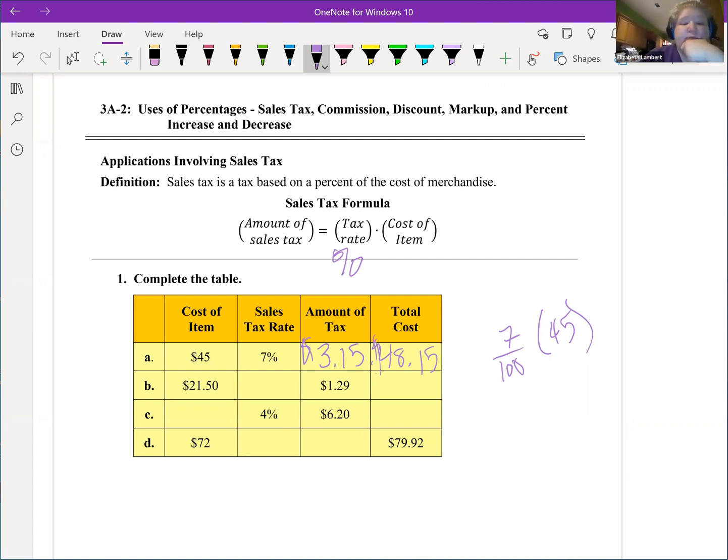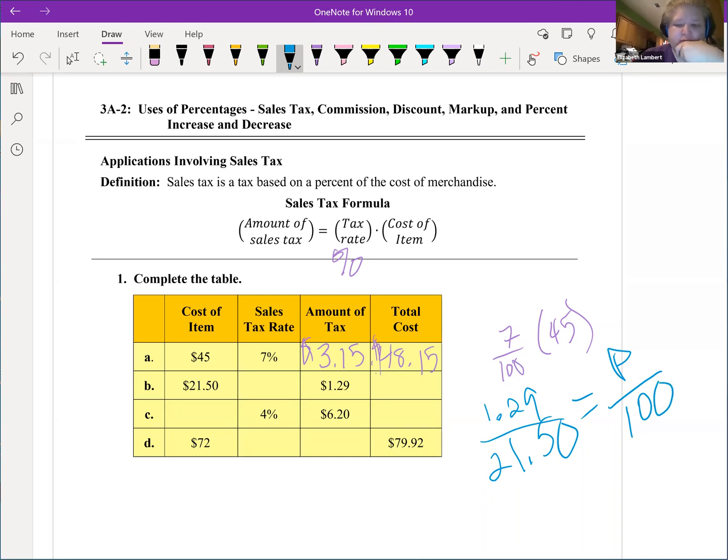All right, so now I have my costs and I have my amount of tax. Now I want to use that to figure out the sales tax rate. So my is and my of: 1.29 over 21.56 equals our unknown percent over 100. 1.29 times 100 divided by 21.56, and that is the percent number.